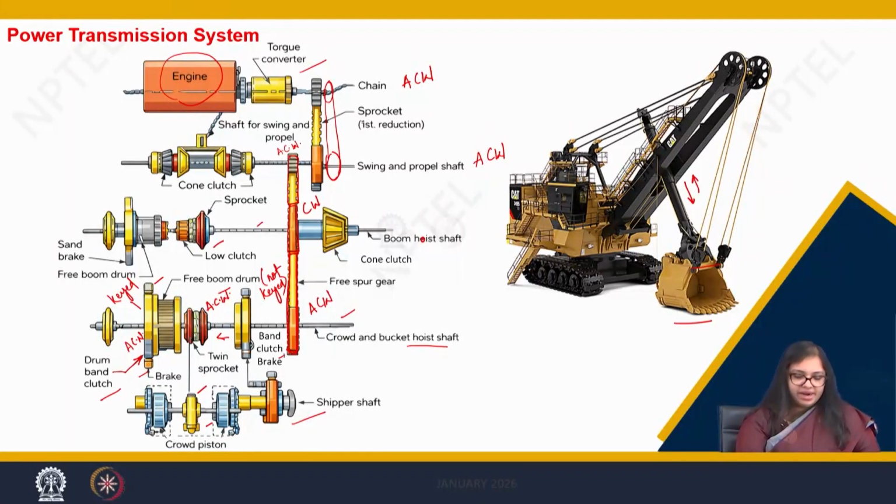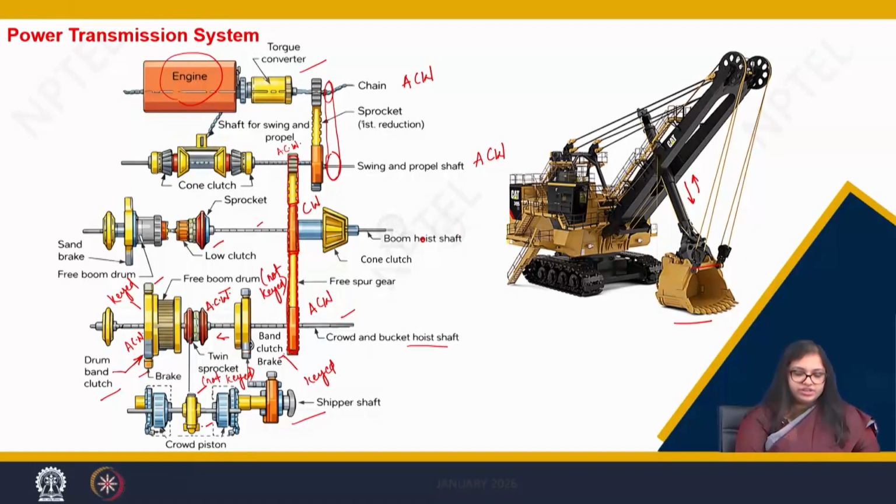This band clutch is again keyed, and this twin sprocket is not keyed to the crowd and bucket hoist shaft. So, when this band clutch engages or comes in contact with this twin sprocket, it starts rotating in anti-clockwise direction.